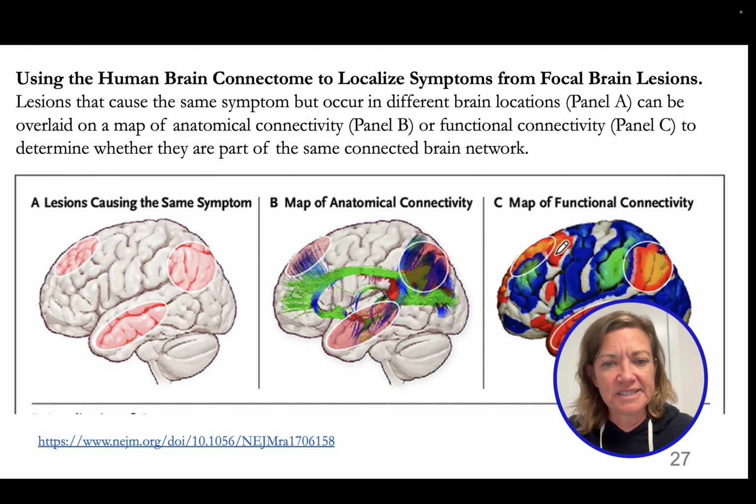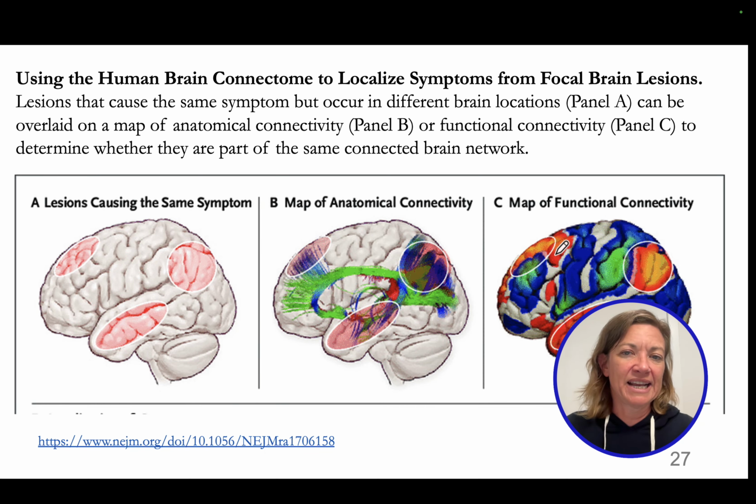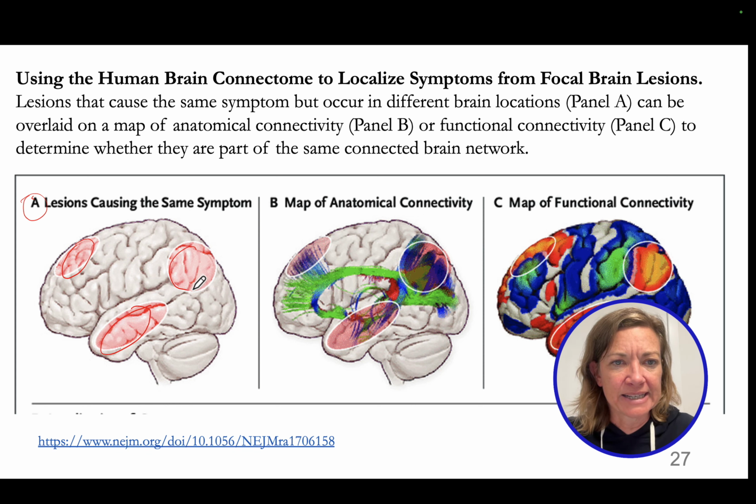This is a recent study in which they used the human brain connectome to localize symptoms from focal brain lesions. This is the clinical problem right here: lesions in different parts of the brain, seemingly totally disparate, one up here, one down in the temporal lobe, and one back here in the parietal lobe, causing the same symptom.